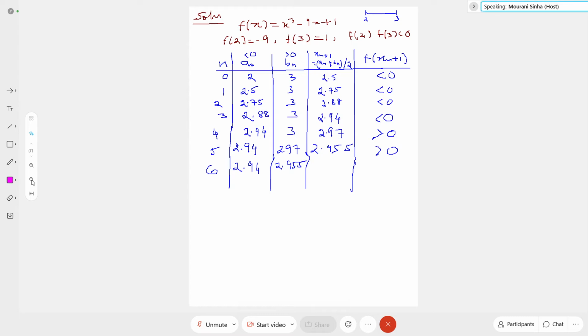The midpoint is again 2.9475, and we have computed positive here. Then we have the seventh iteration.